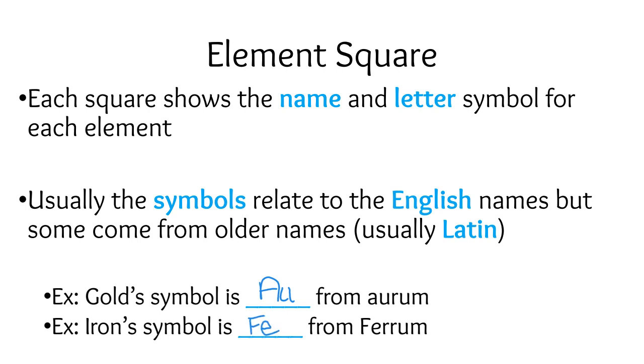So both of these have symbols that come from older names. So if you know perhaps that sodium is Na, or silver is Ag, right? Some of these you are just going to have to learn and muddle your way through till you get them down, because they don't quite match up the way you would think they do.